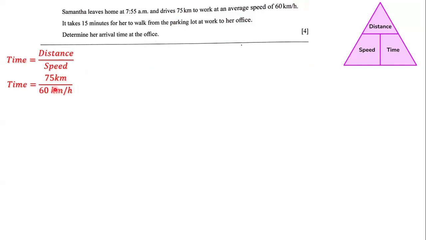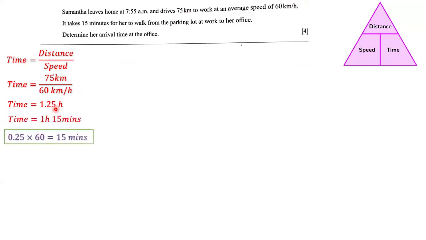So in order for us to determine the time, we divide 75 by 60, which gives us 1.25. And so the time taken is 1.25 hours. Now, what is 0.25 hours expressed in terms of minutes?